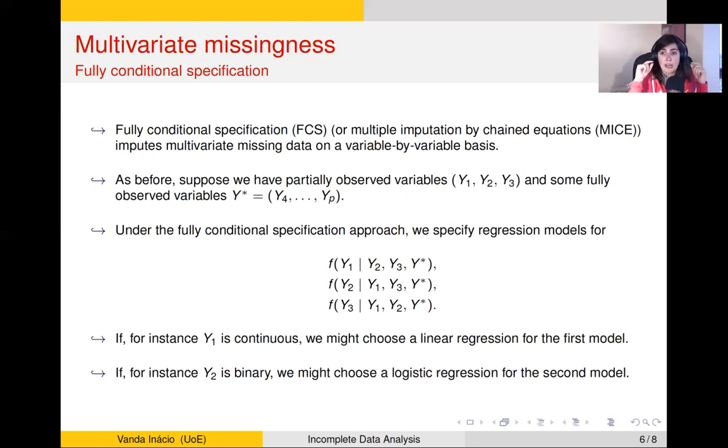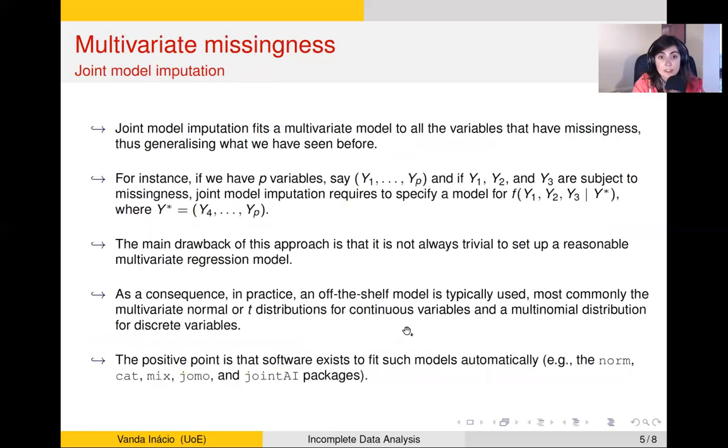Here I specify the model for each of the variables. It's easier because I can use univariate models, and we are much more comfortable with univariate models than with multivariate ones with a potentially high dimension. So here the context is simpler, okay?